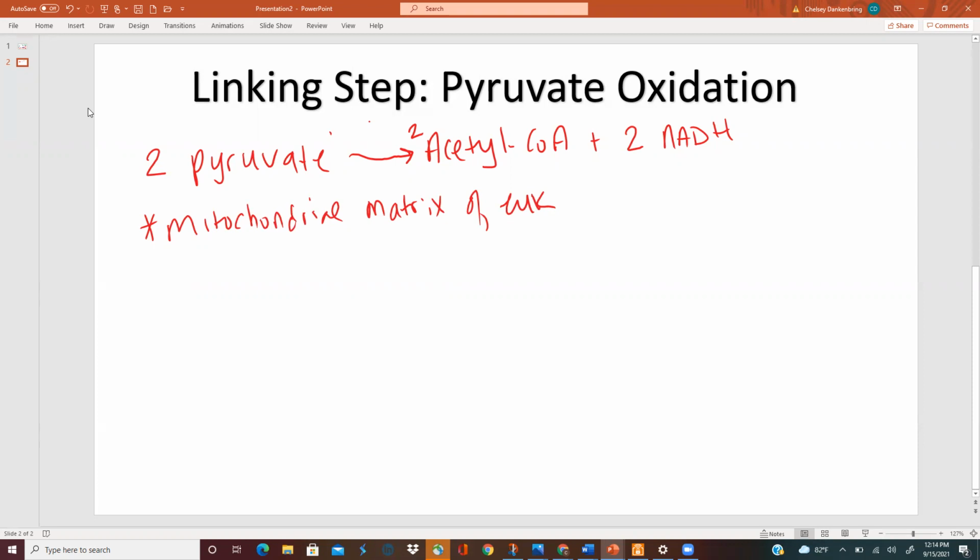So this linking step is happening so that we can create the acetyl-CoA that is going to be used in the mitochondrial matrix for the Krebs cycle. And for prokaryotes, this is all still happening in the cytoplasm because they do not have mitochondria. So that's it for the linking step.